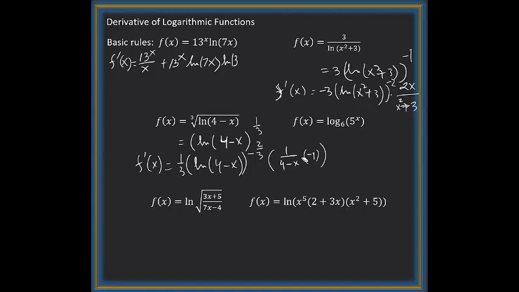Now let me go to the next one. So the next one should go with logarithmic form base change. So first you can say natural log of 5 to the x over natural log of 6.